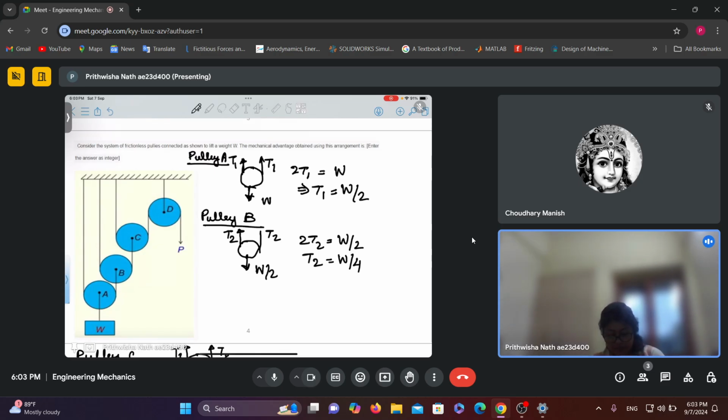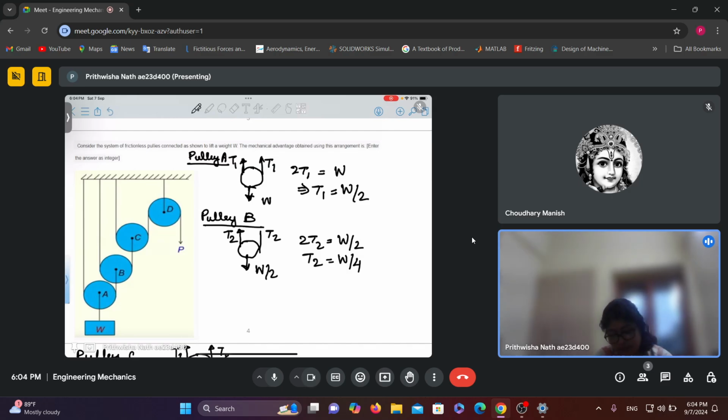So for the first pulley A, we assume the tension to be T1. So T1 comes out to be W by 2, and for pulley B, we assume that the tension in the rope is T2, and this is supporting W by 2 weight.